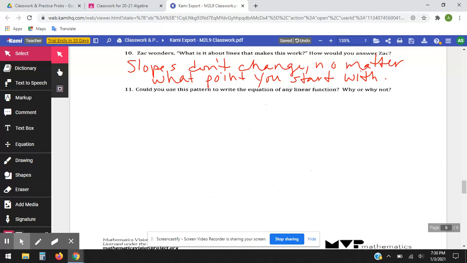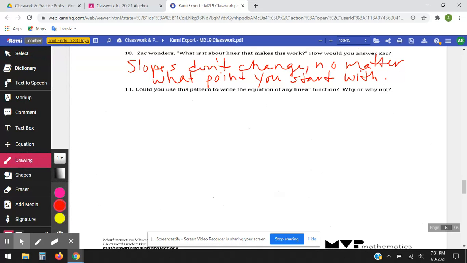Could you use this pattern to write the equation of any linear function? Why or why not? Well, if we think about what slope is. So let's look at our slope function. m equals, so we have our y minus y1 over x minus x1, right? So this is our slope function.